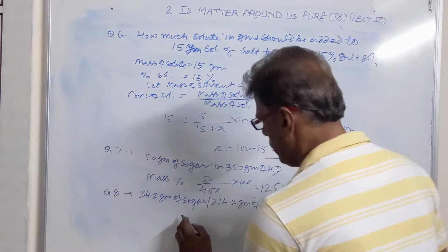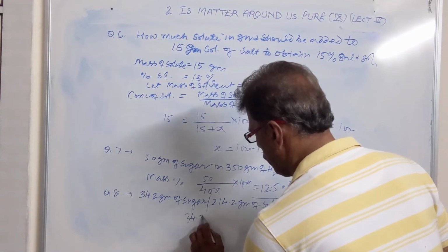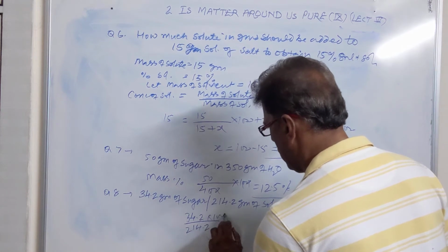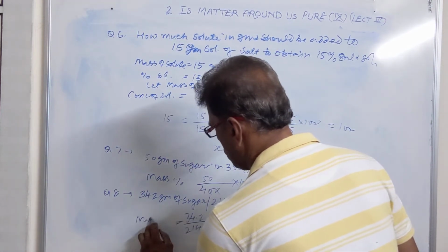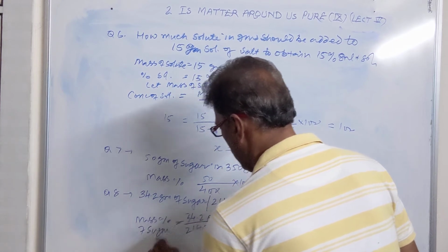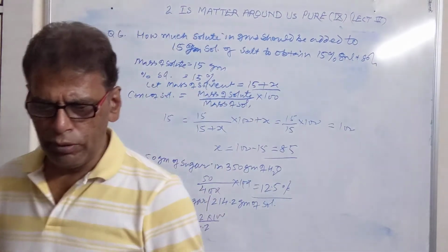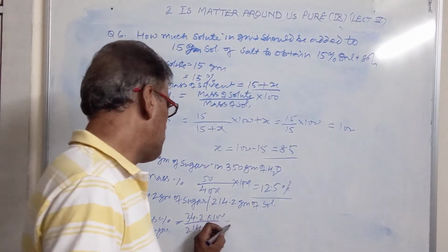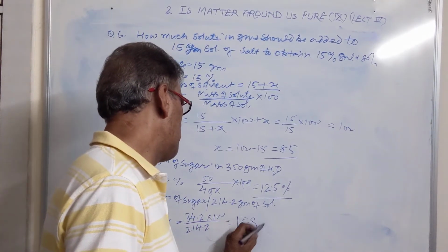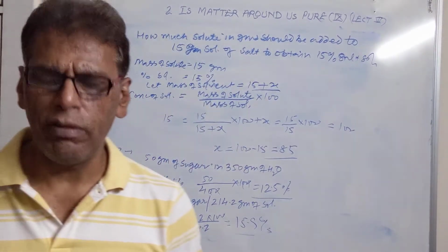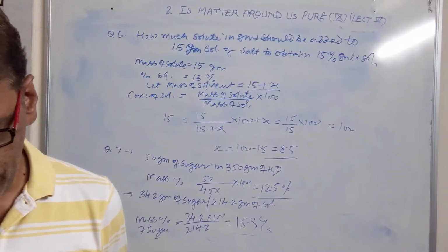Mass percentage to be calculated, it is 34.2 upon 214.2 multiplied by 100. This is the mass percentage of sugar. So it comes out to be 15.96%. So in this manner the problems of concentration can be solved.